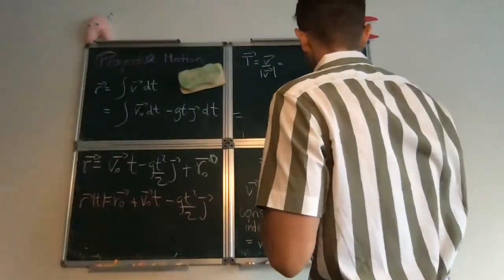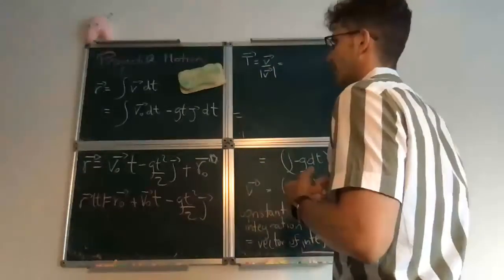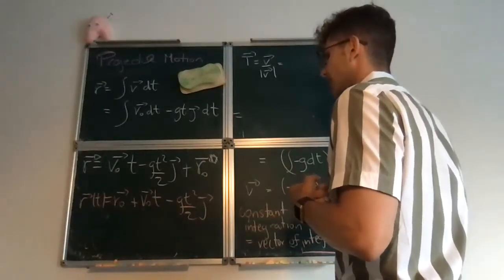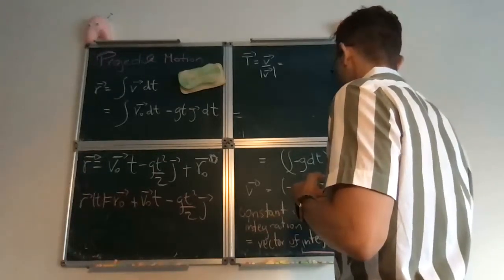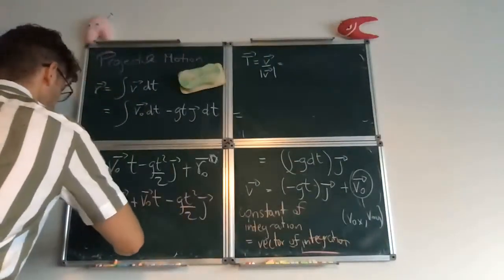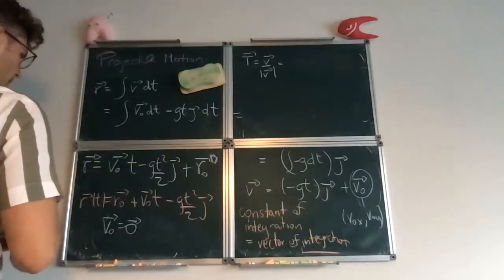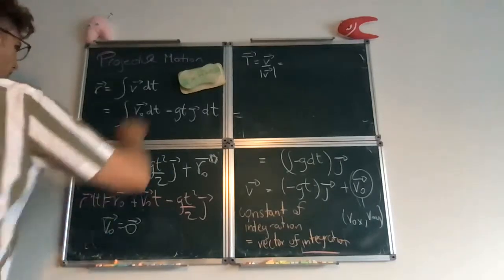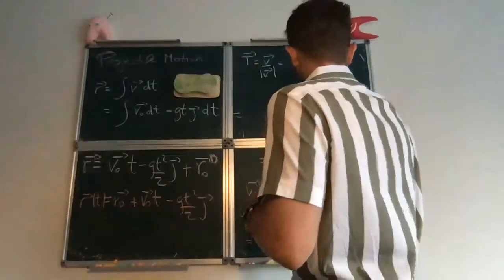Just to make the algebra easier, let's assume that v0 equals 0. So it's thrown just from some initial position. Well, no, let's keep it like that, that's fine. Okay.